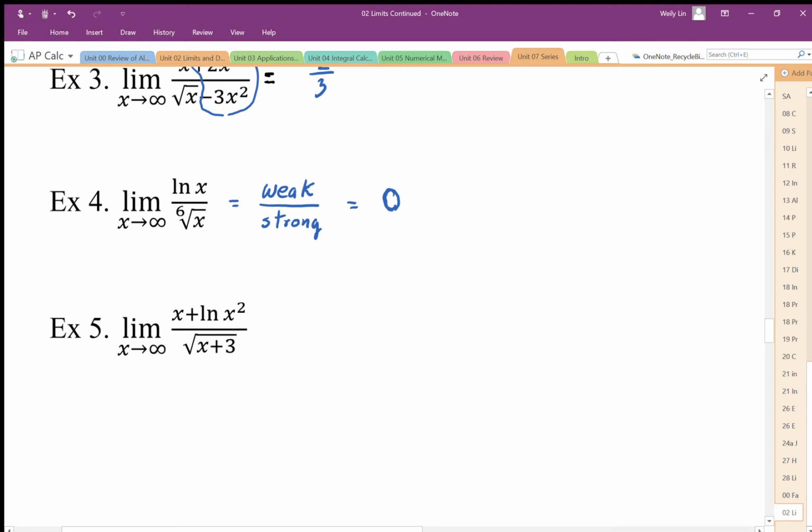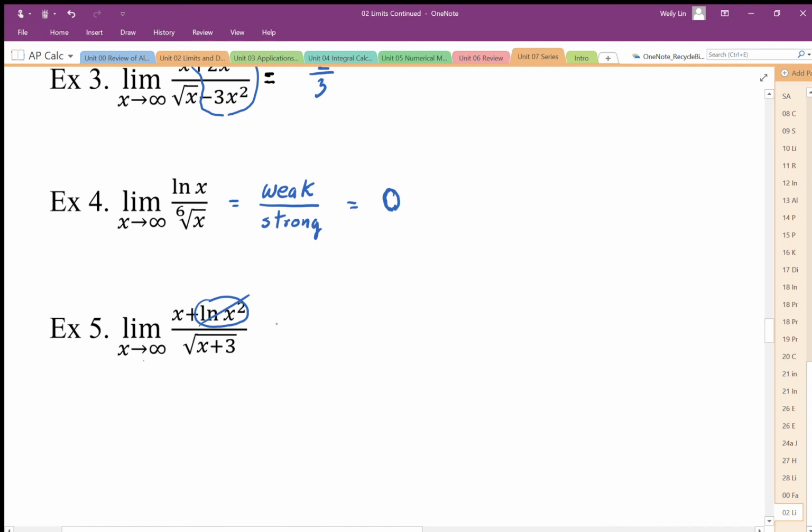Here we have the same thing. We have our linear function, a log function, and a square root function. So we have weak, a little bit stronger, a little bit weaker. We can basically ignore this at large values of x, and compare this strong over weak.